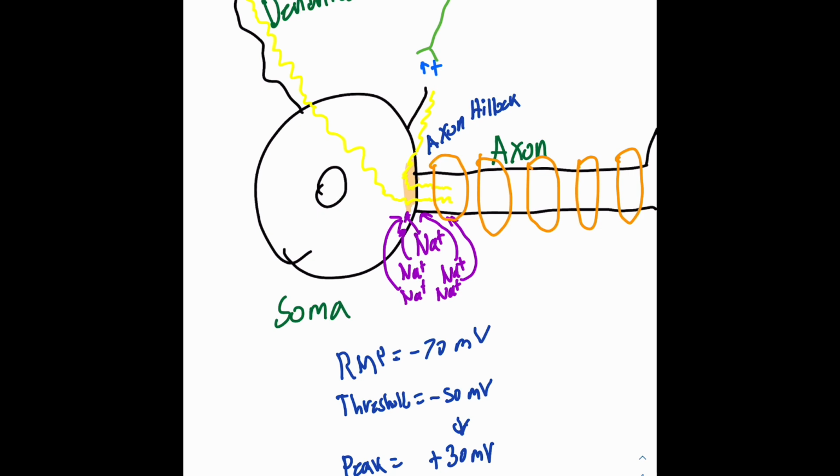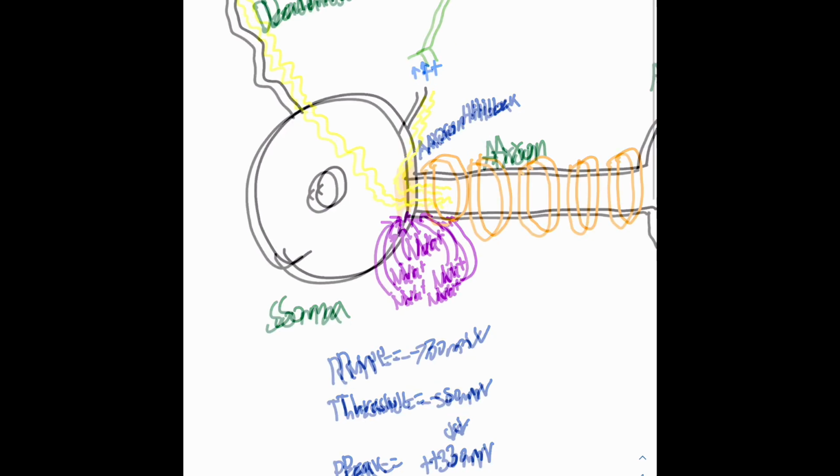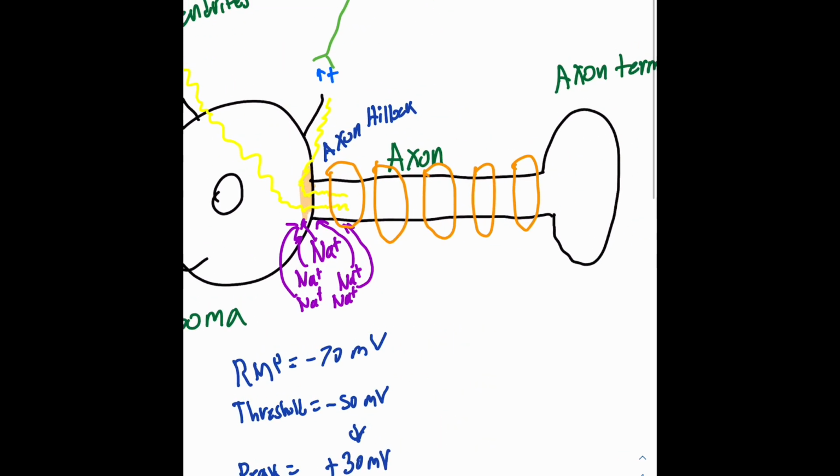As such, it's able to preserve this current from leaving, and also makes the current travel faster. So let's go ahead and call these the Schwann cells.